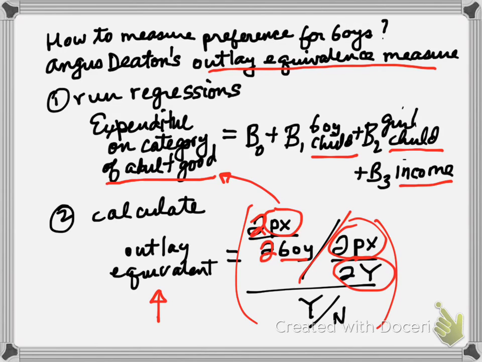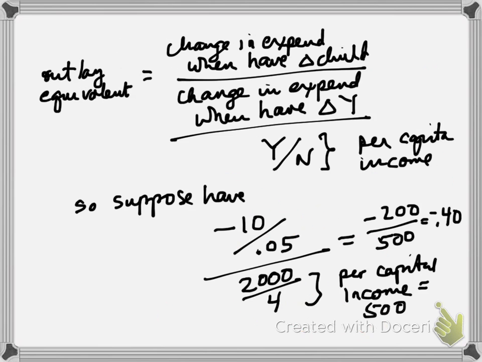So it's the ratio of how expenditures change when there's a boy to how expenditures change when income changes. And we normalize that by basically per capita income, y over n, what the average per capita income is in these households that are our sample.